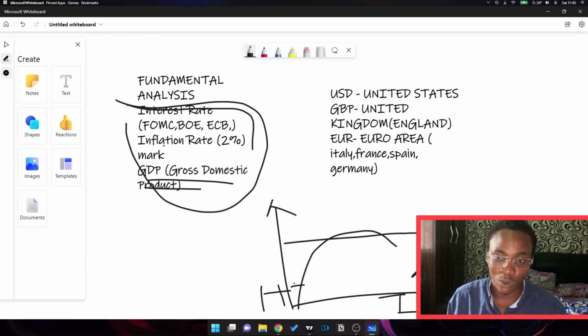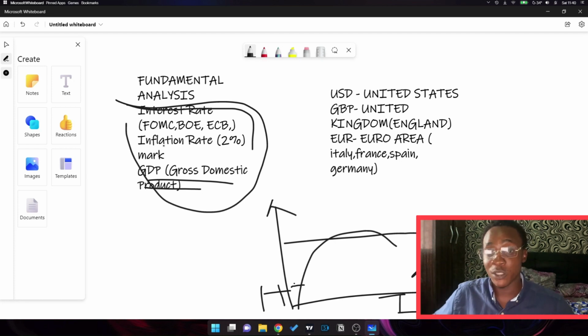Having a stable or low interest rate, like less than 10, is good enough. Having an inflation rate close to the 2% mark is good enough, and having a very positive gross domestic product is also good enough for a country.